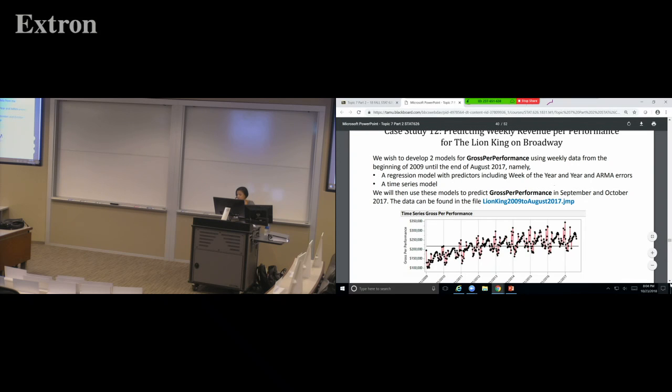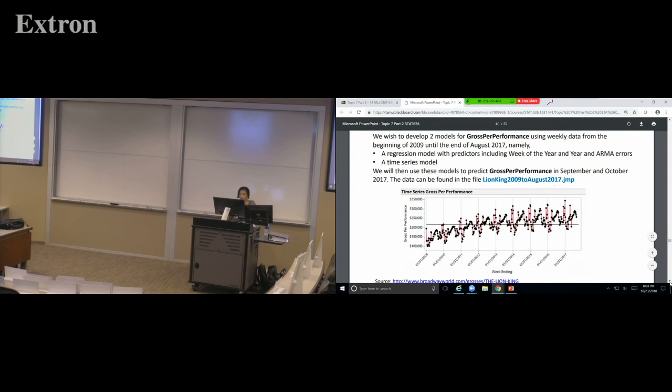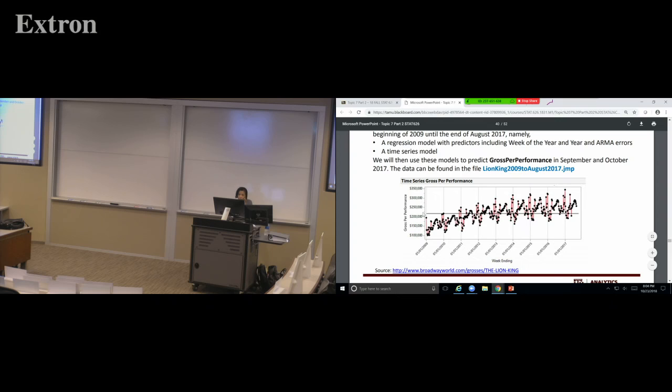Okay. So this is an image of the data, the gross per performance from 2009 to August 2017.